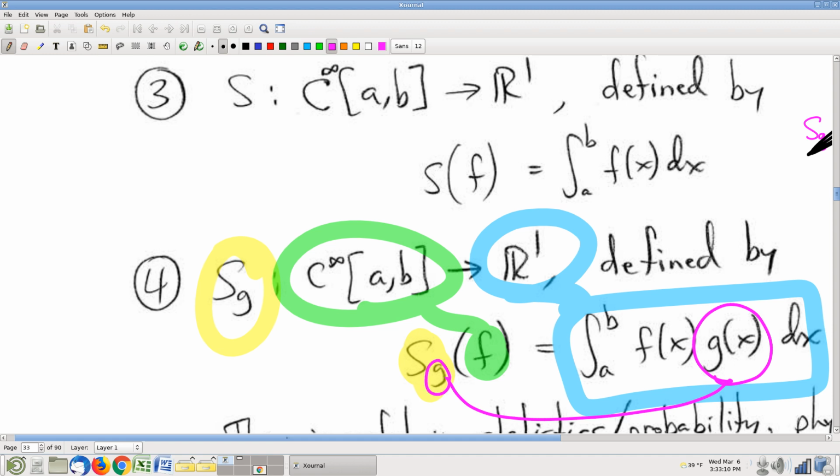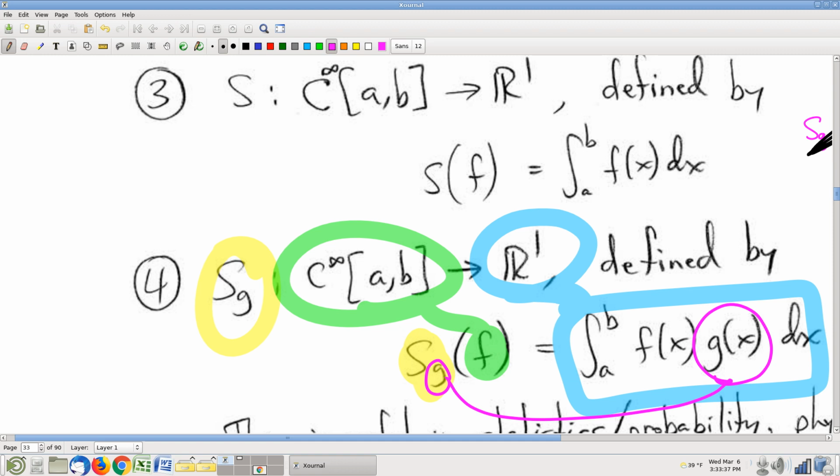So this is not something you can do just arbitrarily to functions f. We have to choose and fix some function called g. With that function g, I have here a linear transformation S_g, and applying S_g to f, g being established, is done by that formula.